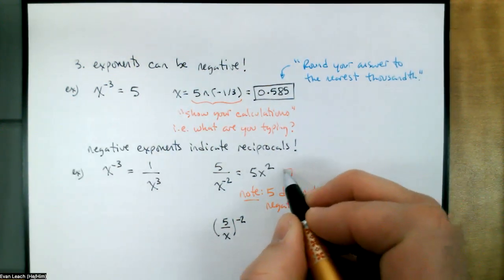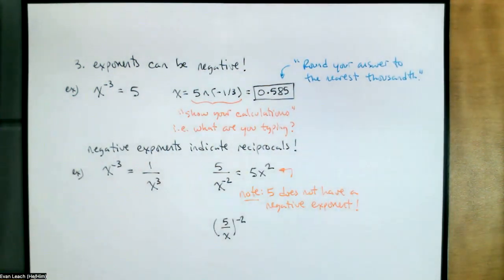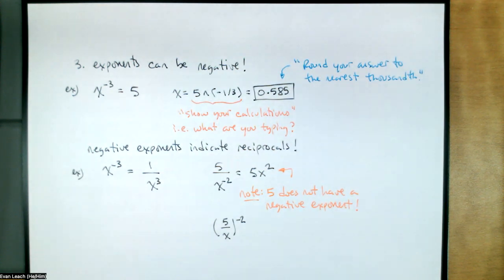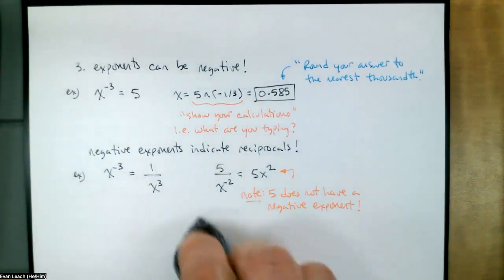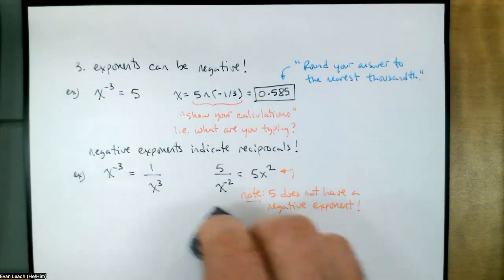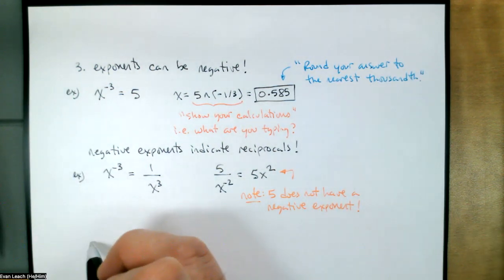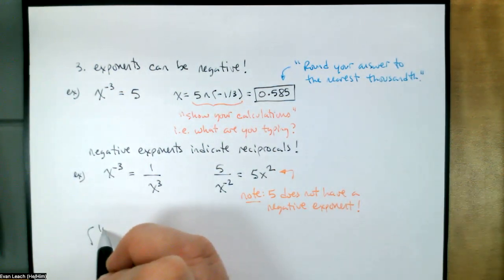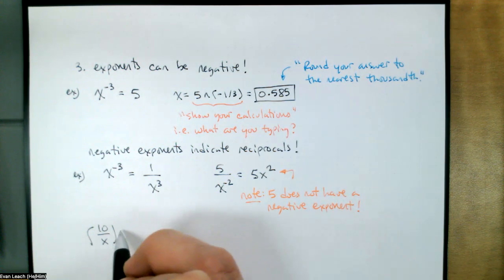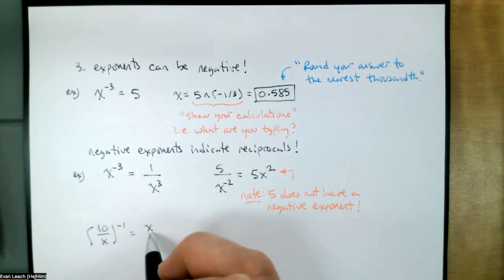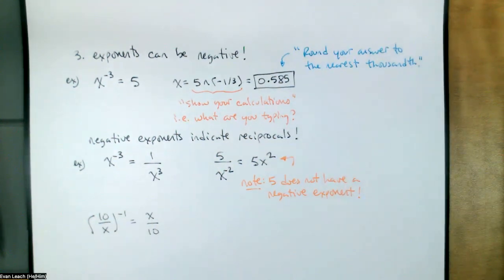But in this one up here, the 5 does not have a negative exponent. In this expression, the negative 1 applies to everything in parentheses, so I can flip the whole thing over.